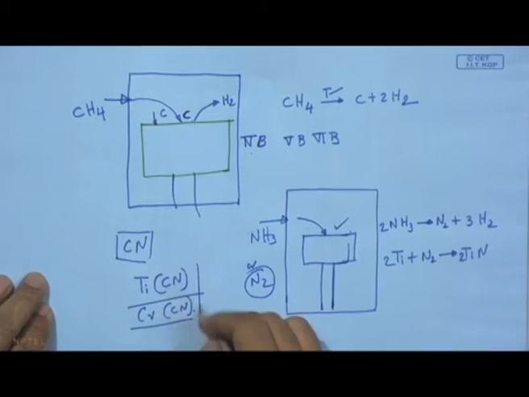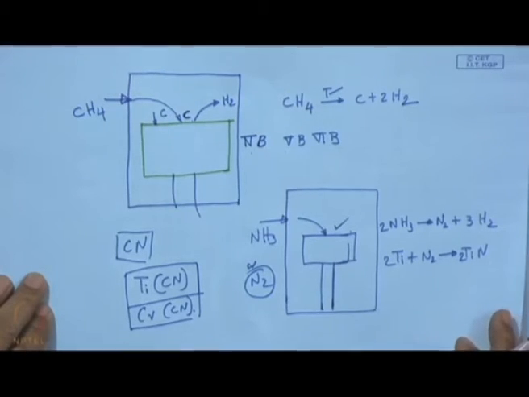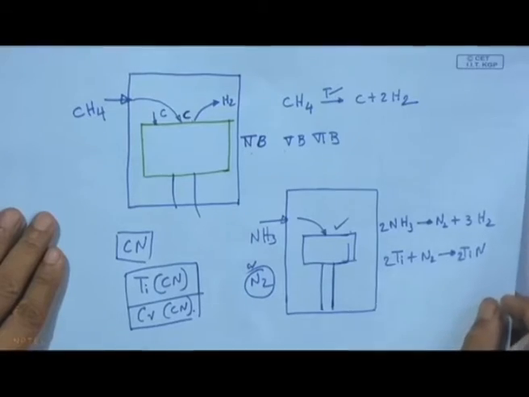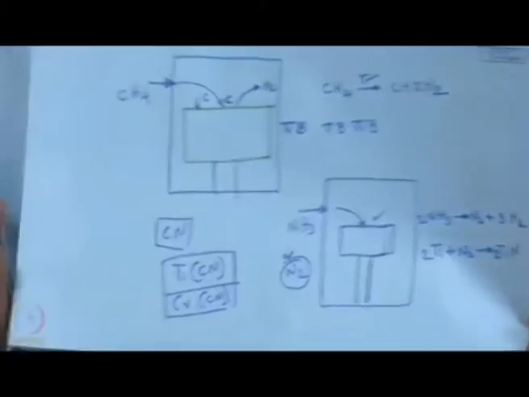The whole idea is to have a balance between carbon and nitrogen, so that we have an optimum mixture of both metal carbide and metal nitride, which can give some of the best performance in very specific applications. So, these are conventional carburizing and conventional carbonitriding.